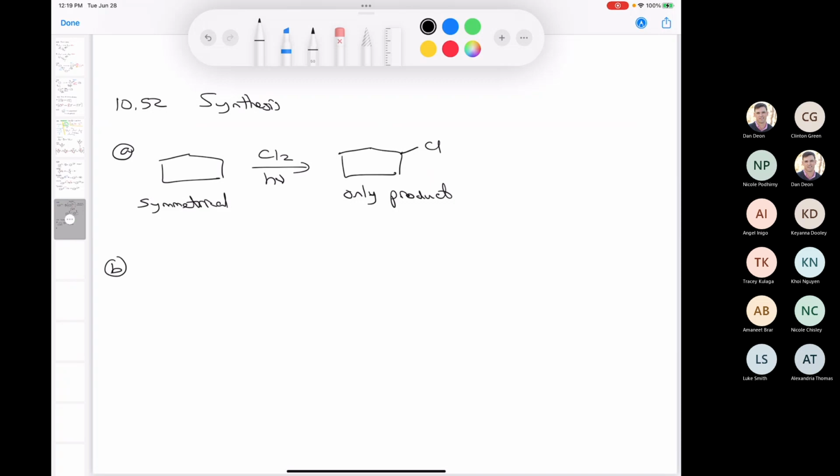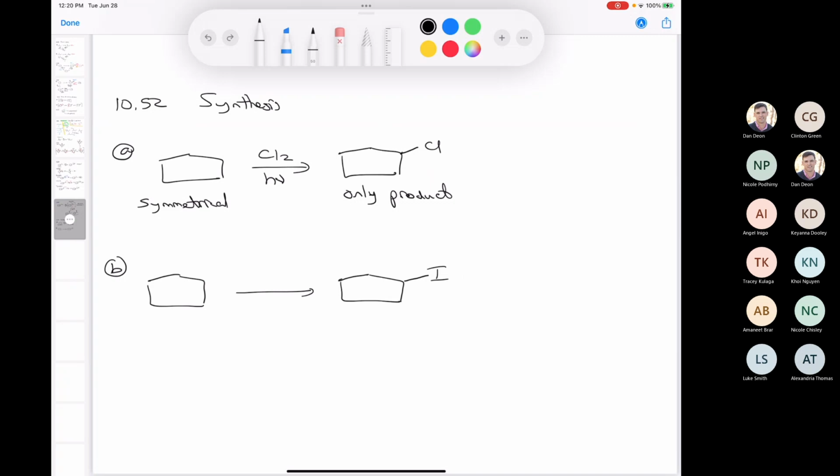In B, we said that there's no way to do an iodination directly, but we want the cyclopentane, and we want to somehow make cyclopentyl iodide. So how would we make an iodide? Well, the only way we have would be to treat something that has a good leaving group with iodide, because we know that iodide is a good nucleophile.